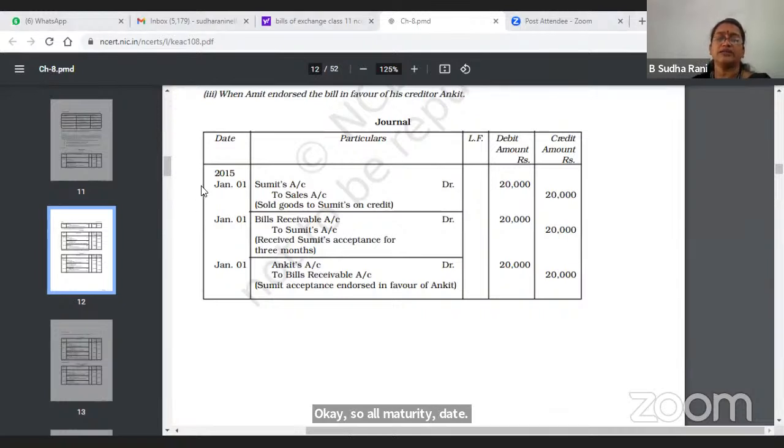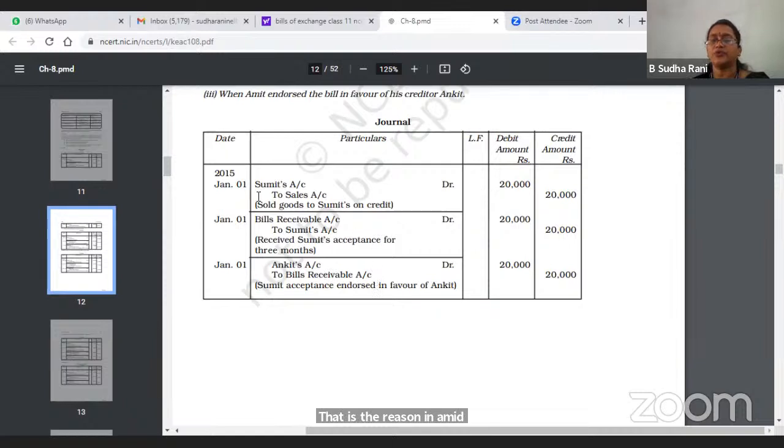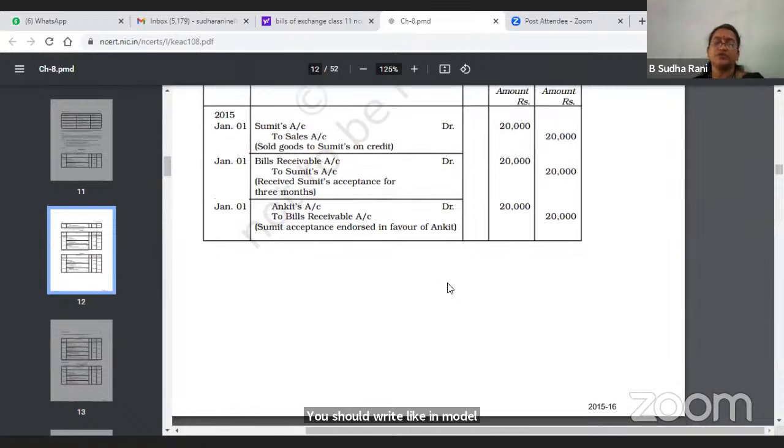Amit is no way connected now, because Sumit accepted the bill and it was endorsed. So, bill honored, and on due date, Ankit will take the bill amount. That is the reason in Amit's book, no entry. Exactly opposite to each other, you should write, like in model entries. Do the same in the exam when both books are asked.